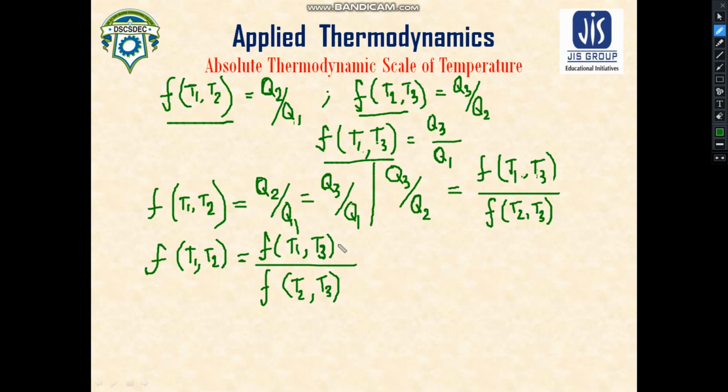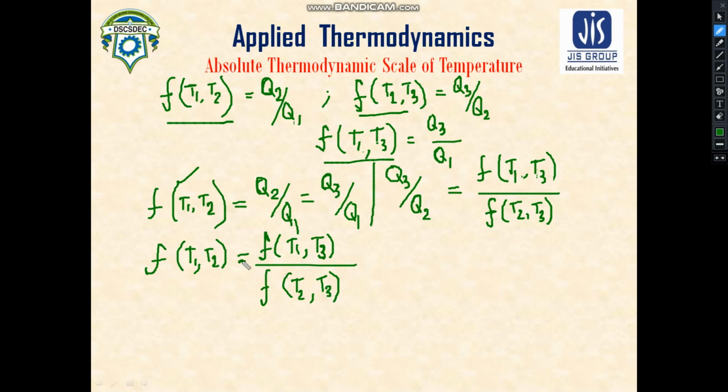Since Q2 by Q1 can be expressed as Q3 by Q1 divided by Q3 by Q2, we can write this f of T1, T2 as f of T1 comma T3 and f of T2 comma T3.